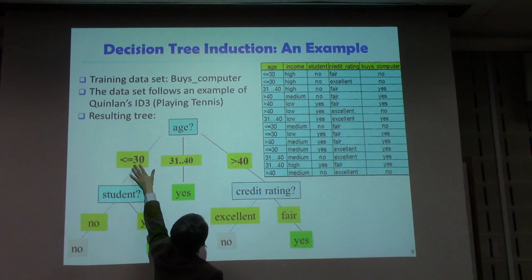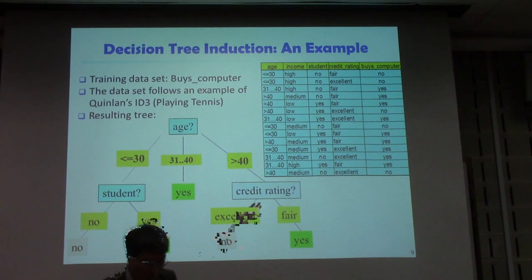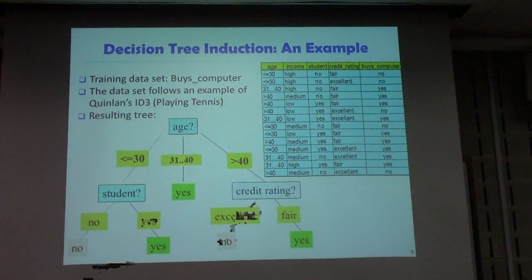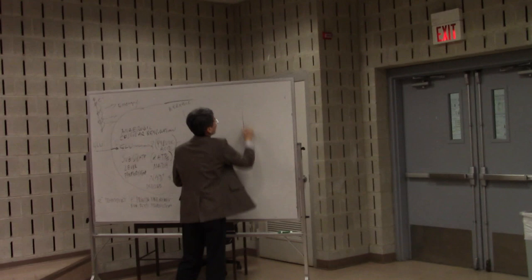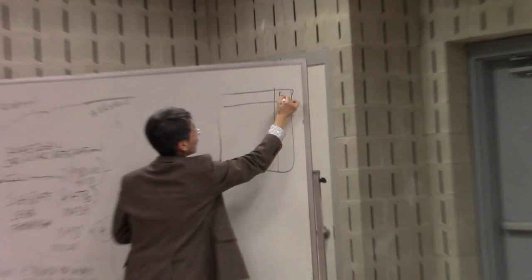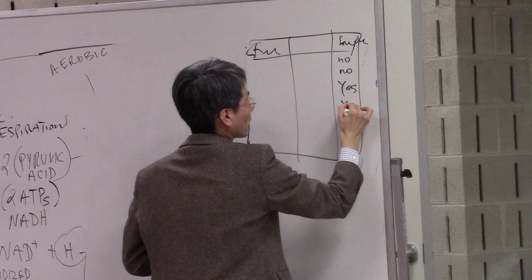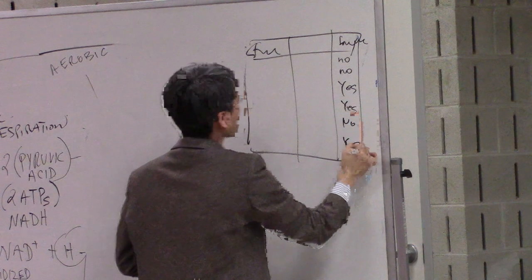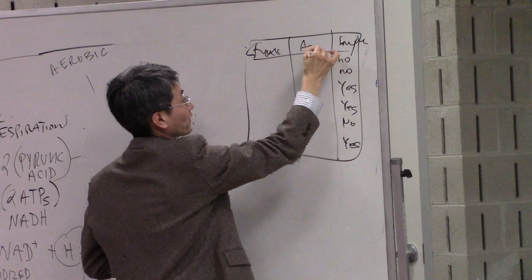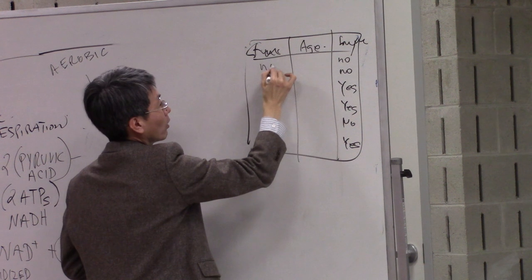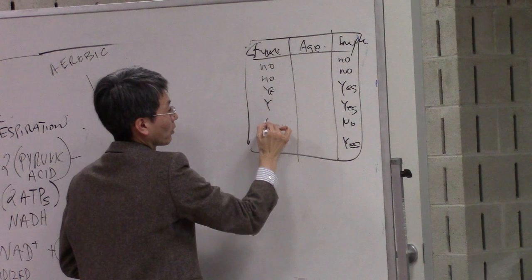So we have the test data set on buying a computer. Let's take student: no, no, yes, yes, no, yes.